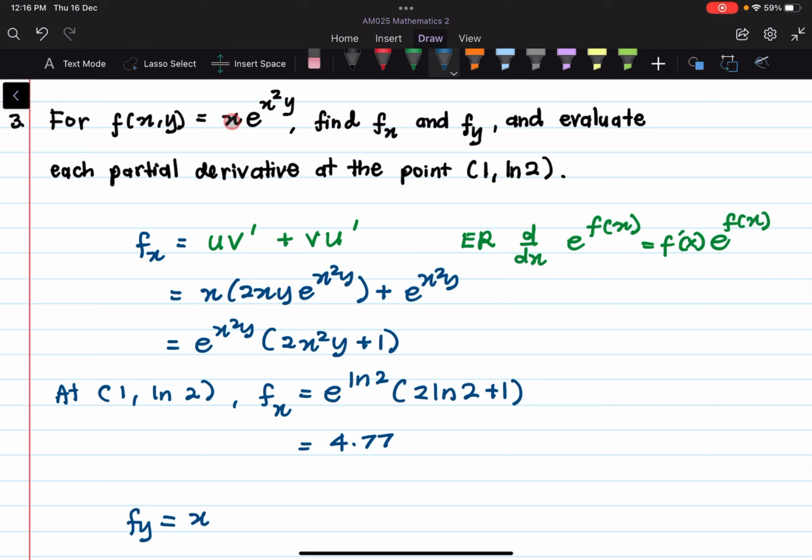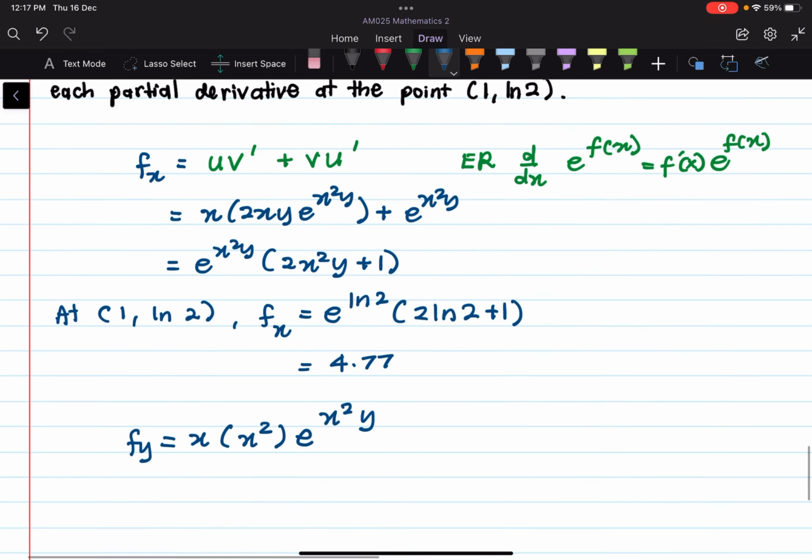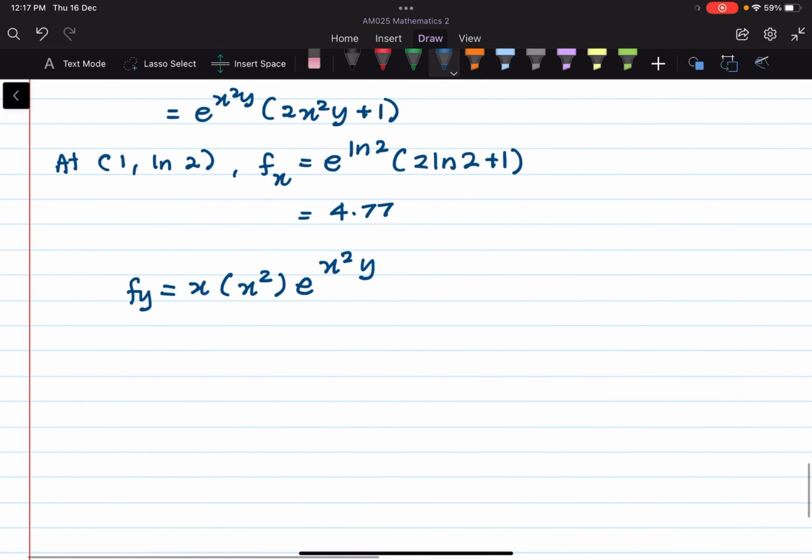Now we differentiate e^(x²y) with respect to y using the exponent rule. Differentiating x²y with respect to y, we use the constant multiple rule, so we get x² and copy down e^(x²y). So we get x³ e^(x²y).